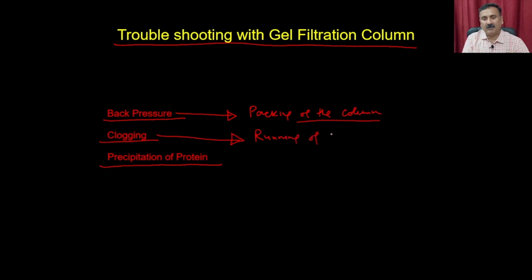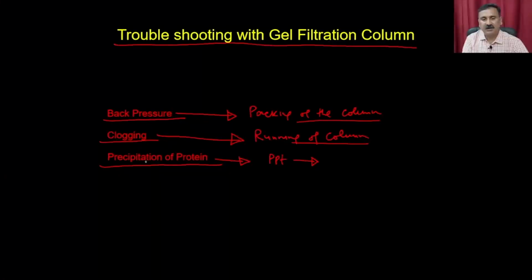And there are many things you can do if you want to avoid that. You can filter your sample, and then you inject. And sometimes what happens is that the protein gets precipitated, right? The protein is in solution, but when you load it onto the column, it gets precipitated. The precipitated protein is going to elute and contaminate your column.